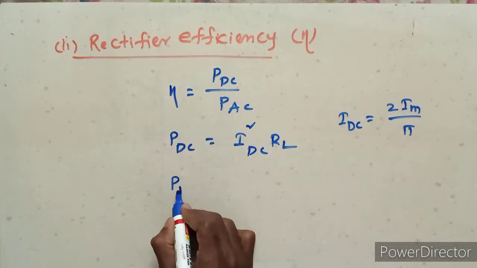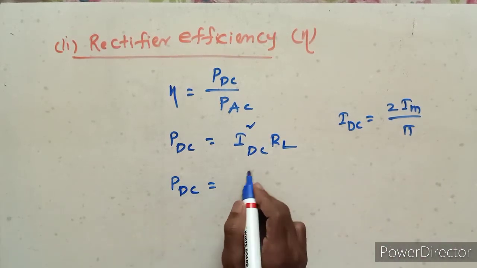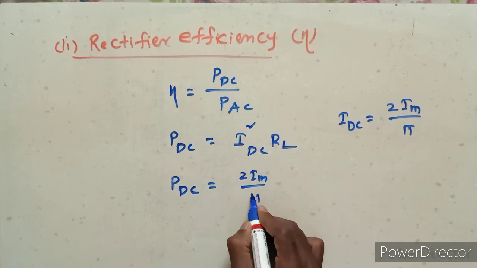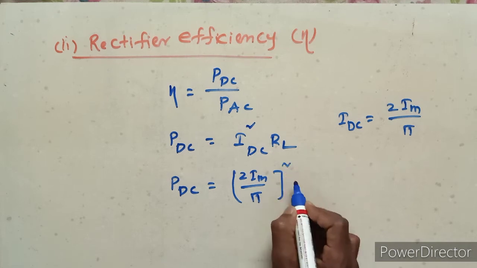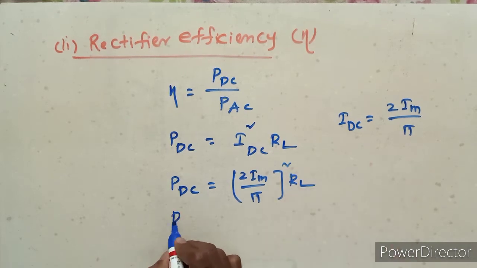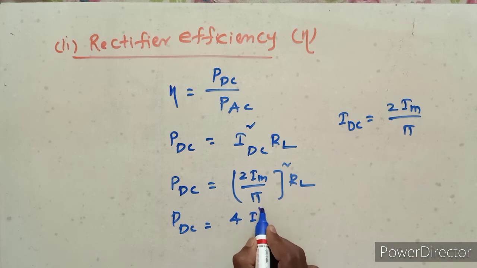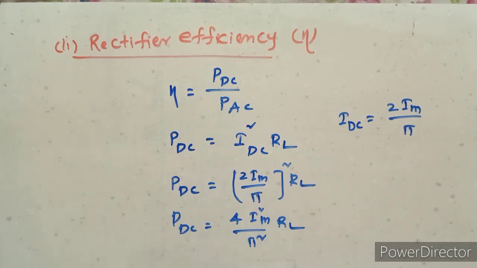So the DC output power equals 2 Im upon pi whole square RL. The DC output power equals 4 Im square upon pi square RL. This is the DC output power.